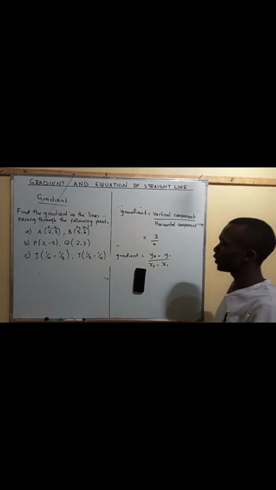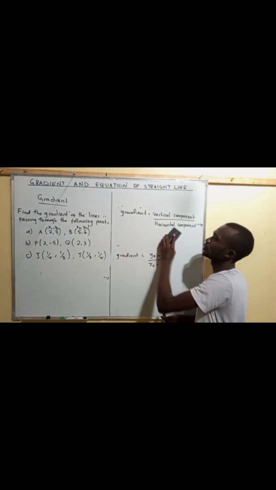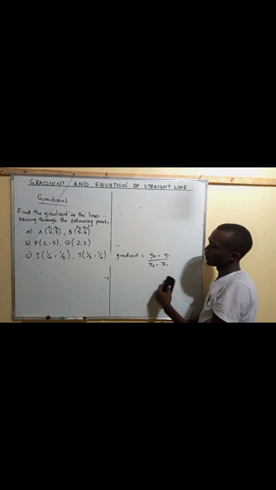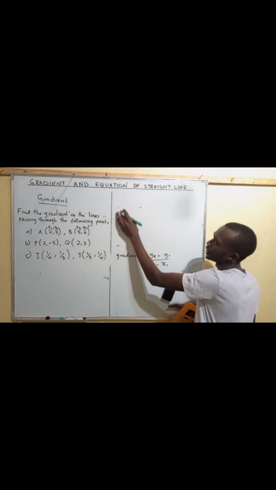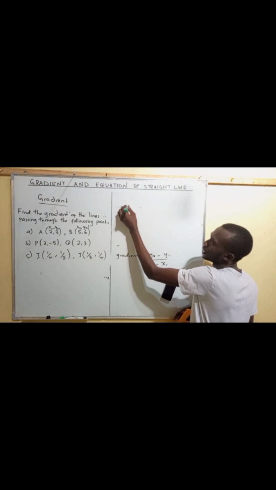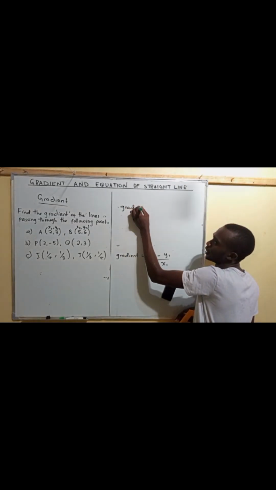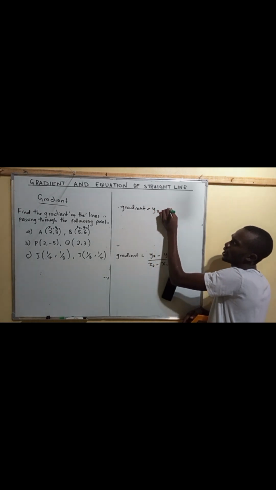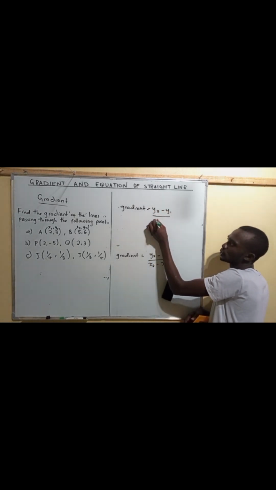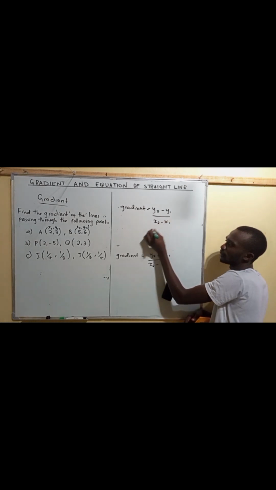To find the gradient of that line AB, we apply the formula. The gradient is equivalent to y2 minus y1 over x2 minus x1.